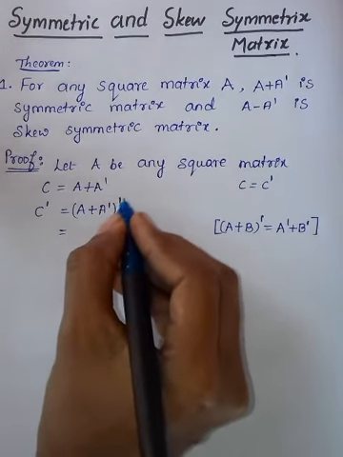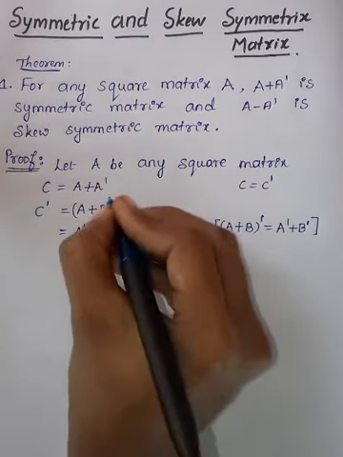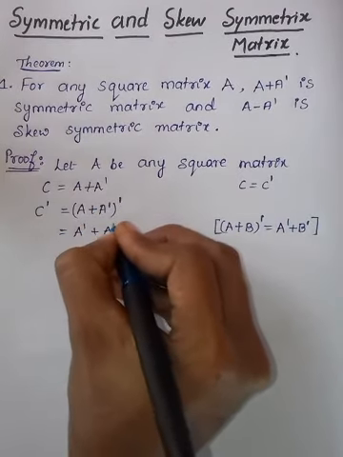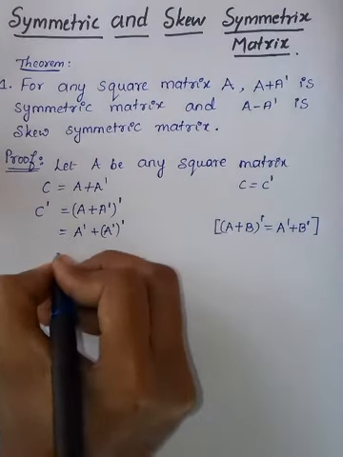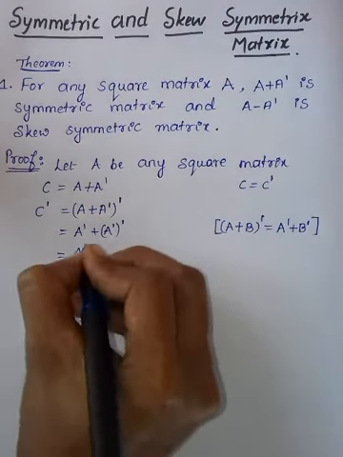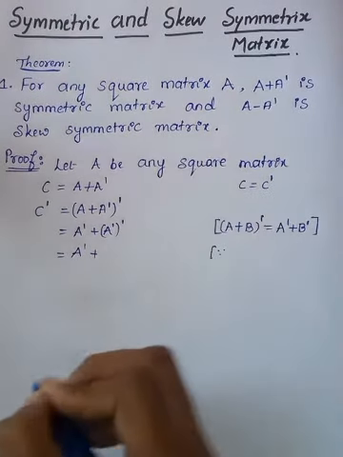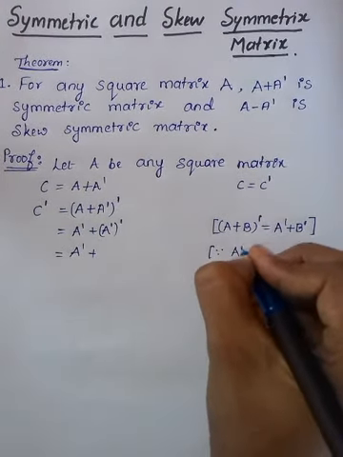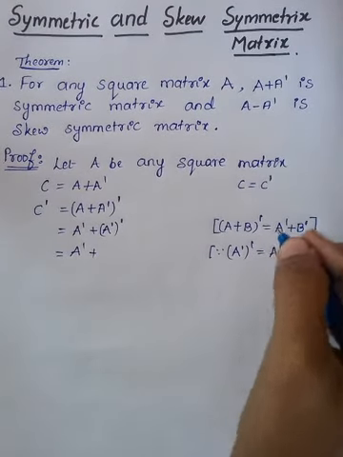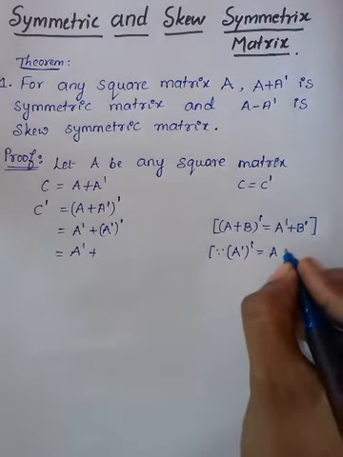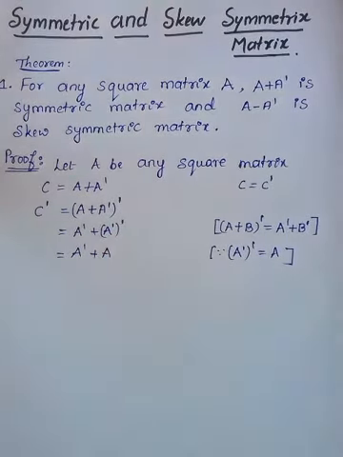A plus A transpose whole transpose is A transpose plus A transpose whole transpose, which is equal to A transpose plus, there is another property, A transpose whole transpose equals A. These concepts are explained in my last video. So A transpose whole transpose is A.